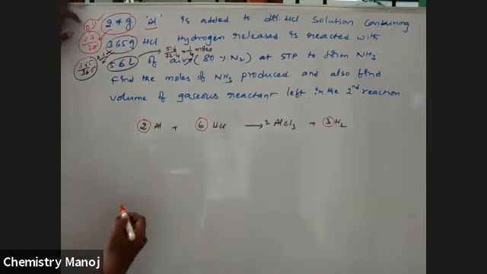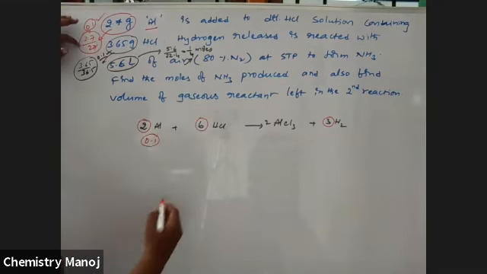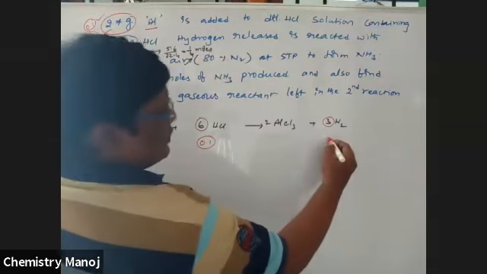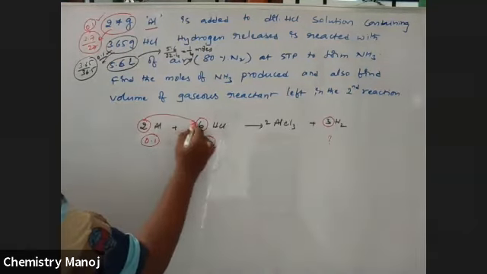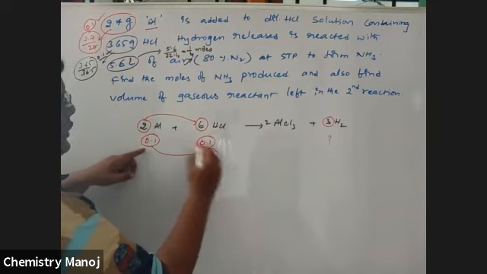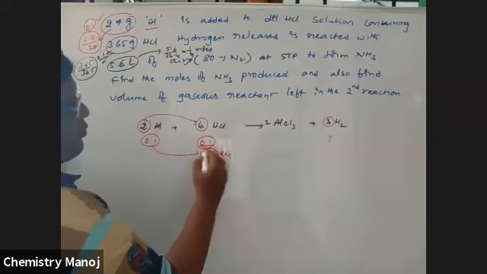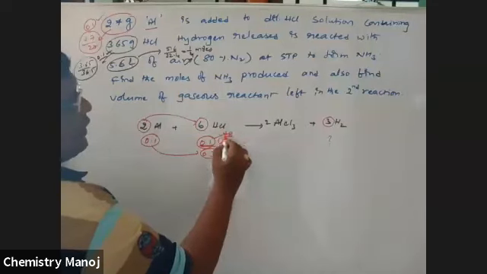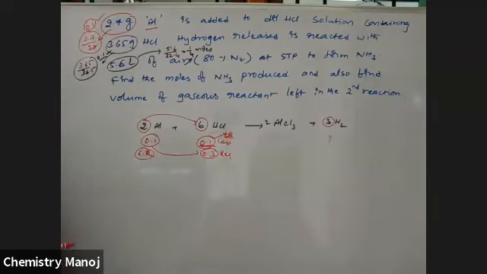But here, 0.1 mole aluminum reacts with 0.1 mole HCl. 2 moles requires 6 moles, so 0.1 requires 0.3. It is required, but the given value is 0.1, which is less. That means HCl is the limiting reagent and aluminum is the excess reagent.